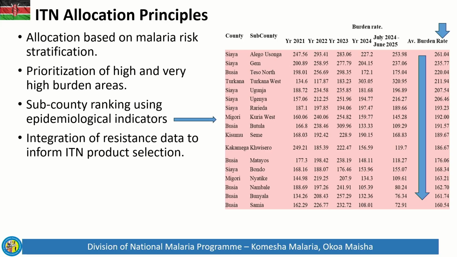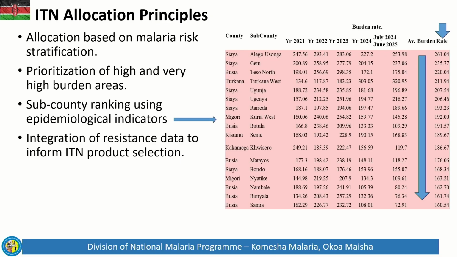But how did we use that data, or the routine data that is coming in, to stratify lower into those profiles? We ranked, as you can see in the columns, the county, then the sub-county within those counties. So you rank the very high burden, and then you go lower to the sub-county level.